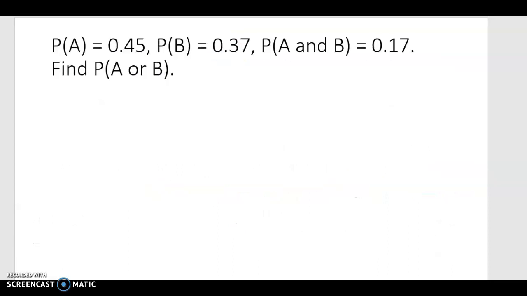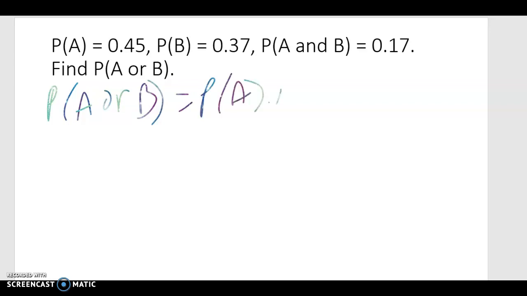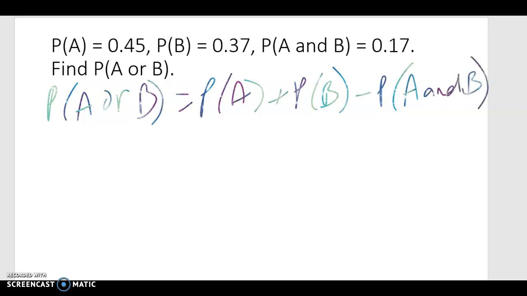Now let's just do one that is strictly algebraic. We know the probability of A is 0.45, the probability of B is 0.37, and the probability of A and B is 0.1. Okay, we're dealing with decimals to the hundredths place. So I know that the probability of A or B is the probability of A plus the probability of B. If you are a visual learner, I recommend writing this out before doing every problem.